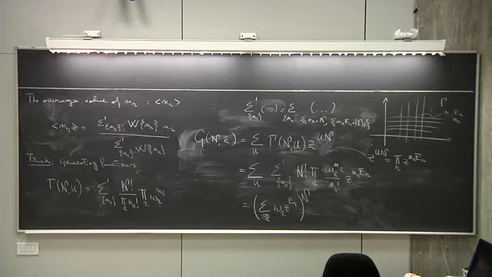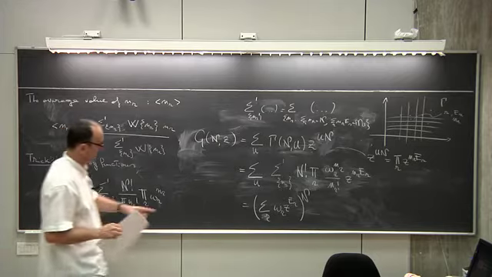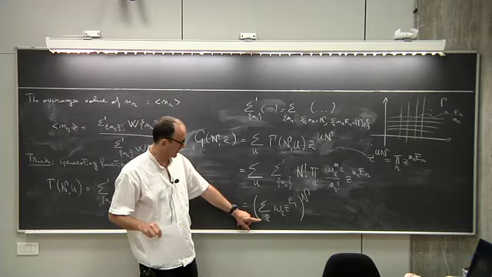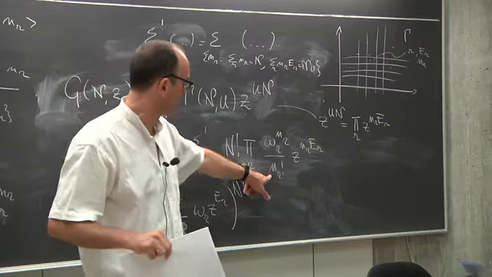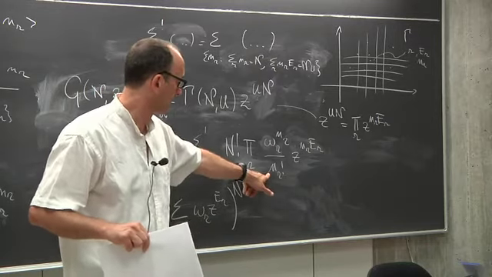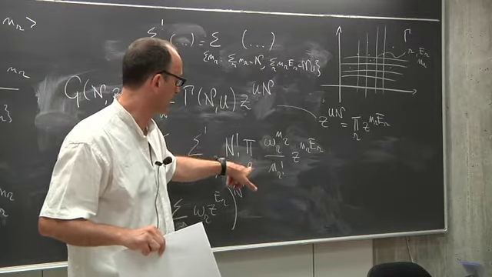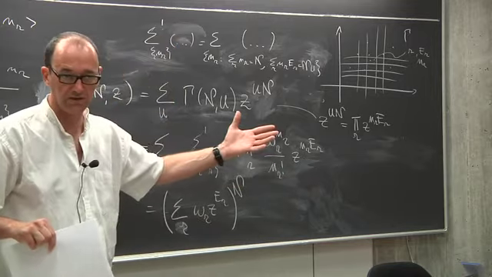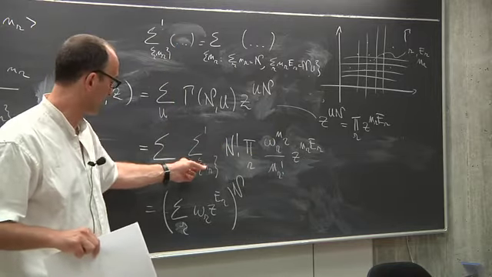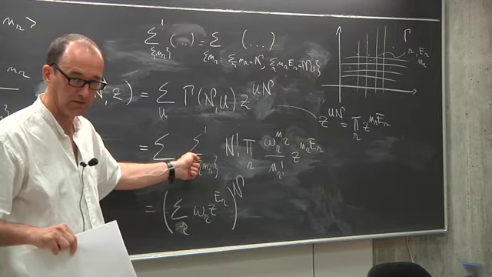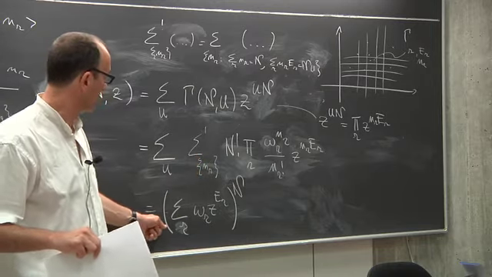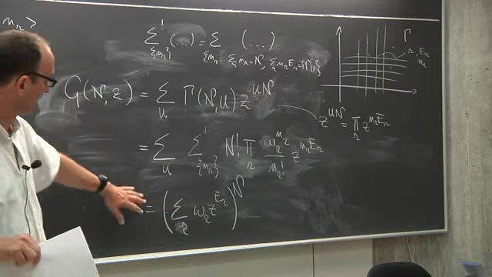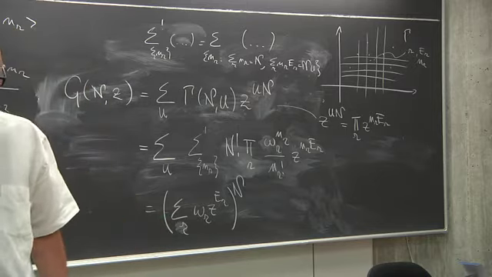Was this fast? If you expand this object here, you will get the multinomial coefficient times all the terms, all the monomials. So you will get exactly this term here. So you see, computing this function here is rather easy.